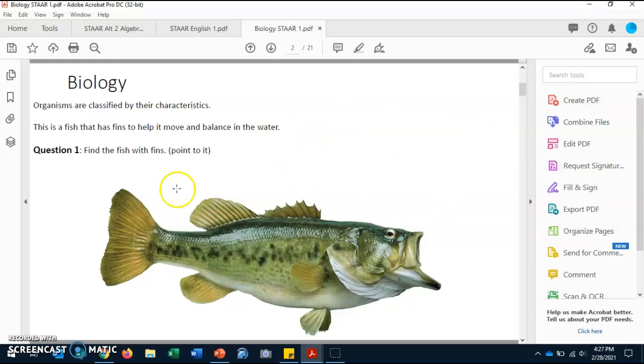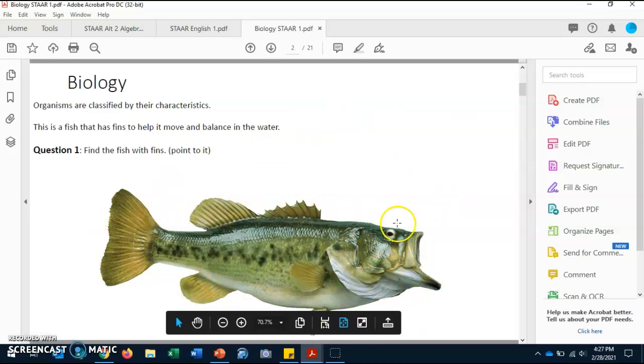Awesome job, boys. You should have circled this whole fish right here because this is the fish with fins. Like its fin is right here. So this was the answer for question number 1.